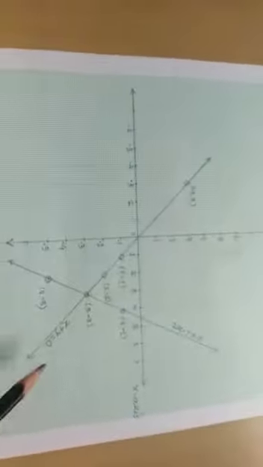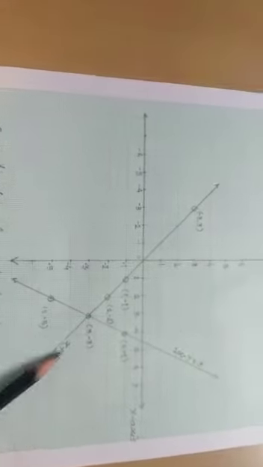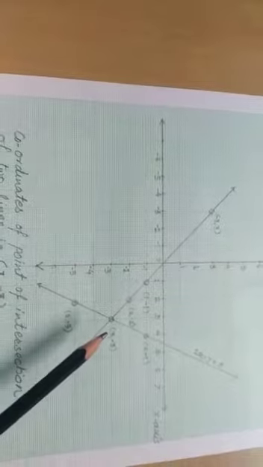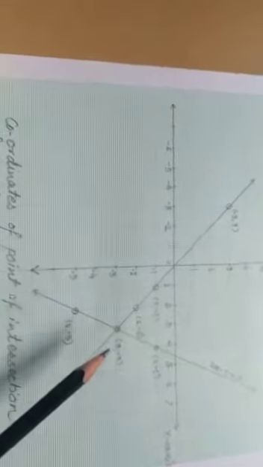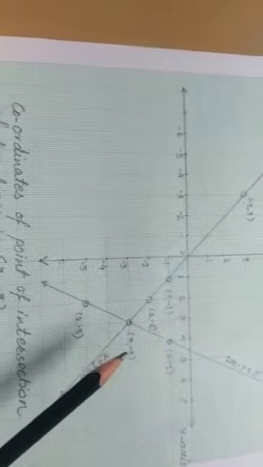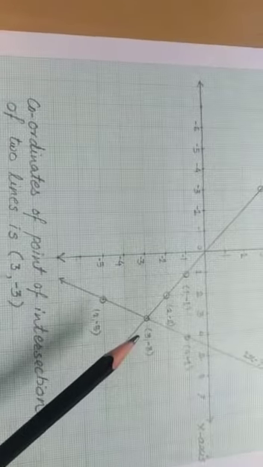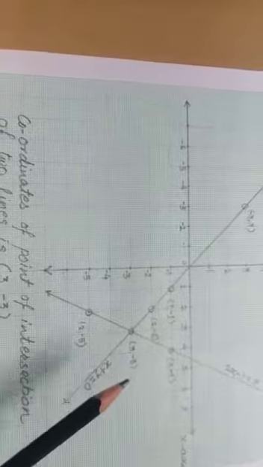If we plot these two graphs on same coordinate system, these two lines intersect each other. The coordinates of point of intersection of two lines is (3, minus 3).